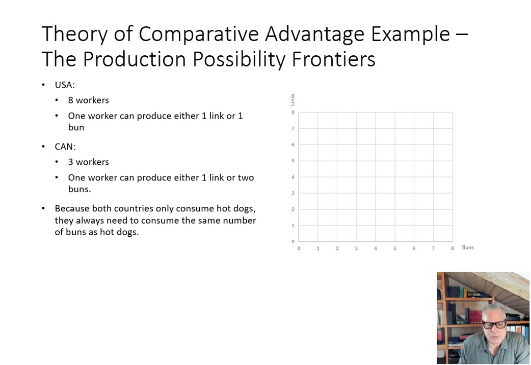So let's first take a look at how we can allocate the workers of the United States to the production of buns and links. Let's make a little table.